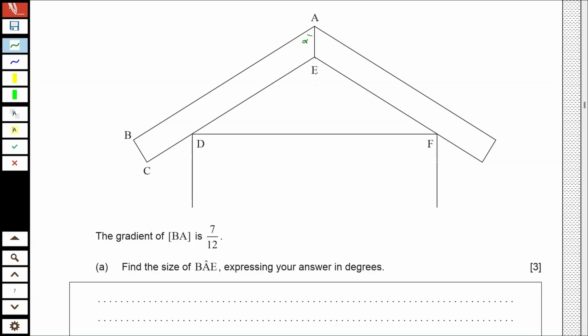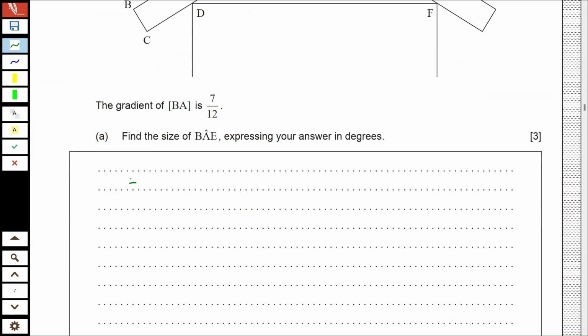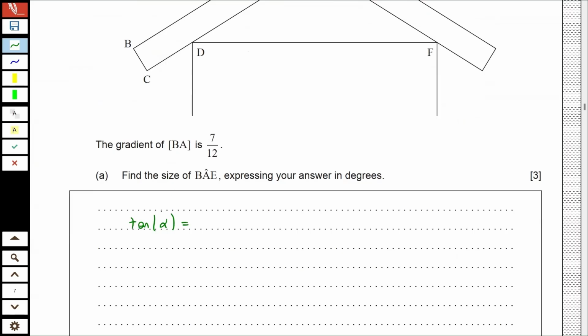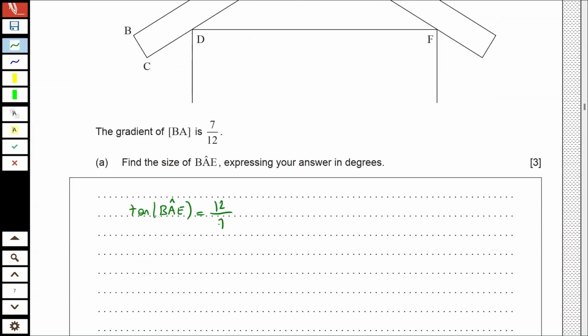So if the gradient of BA is 7 over 12, it means tangent alpha, which we can also call tangent of the angle BAE, is gonna be 12 over 7.